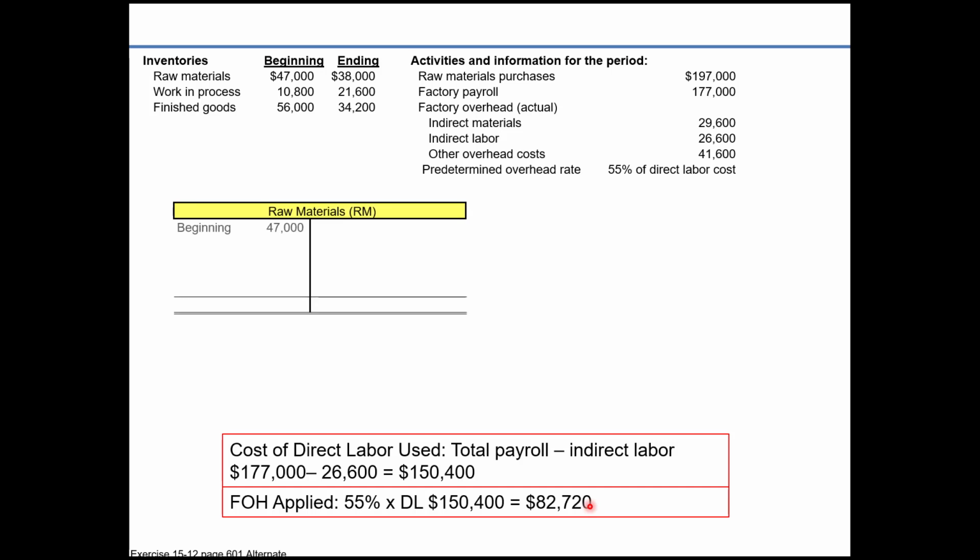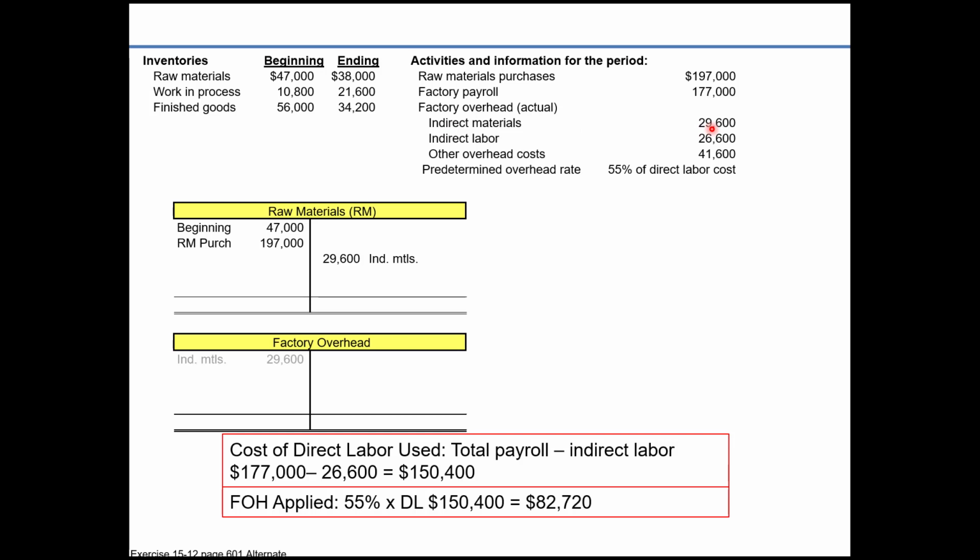So here are the T accounts, and we'll just start entering the information here. So we have our beginning raw materials, which is listed up here. We have our raw materials purchases. We're going to take out the indirect materials. Now we're going to put into factory overhead those indirect materials.